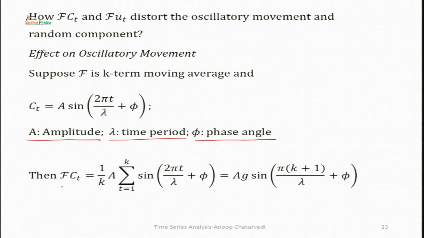Then f C t is the k term moving average of C t, or 1 upon k summation t equal to 1 to k of A sin 2 pi t upon lambda plus phi, and if you add this sine series, then finally you obtain A into g sin pi k plus 1 upon lambda plus phi.